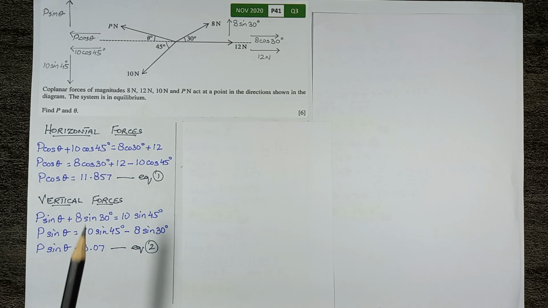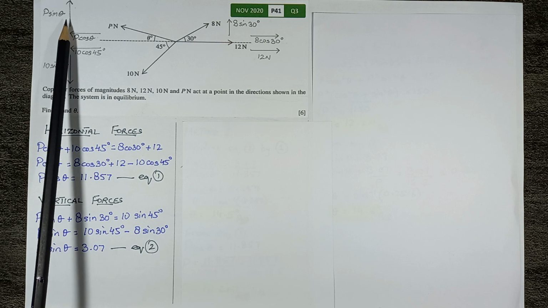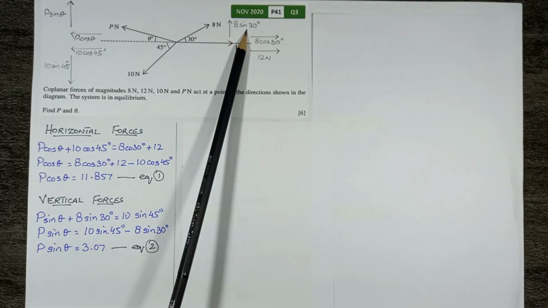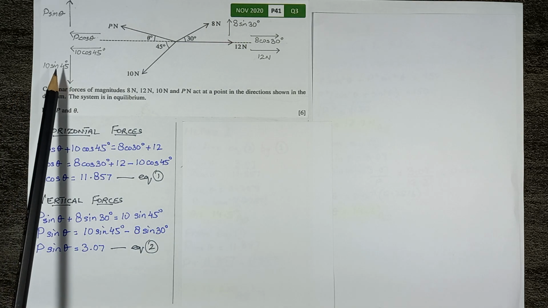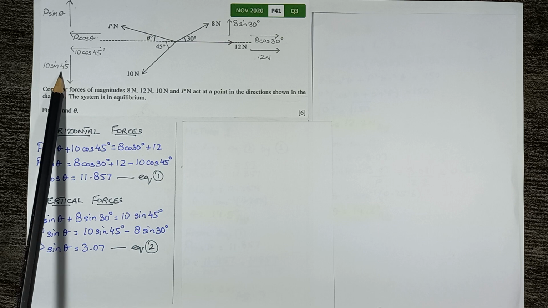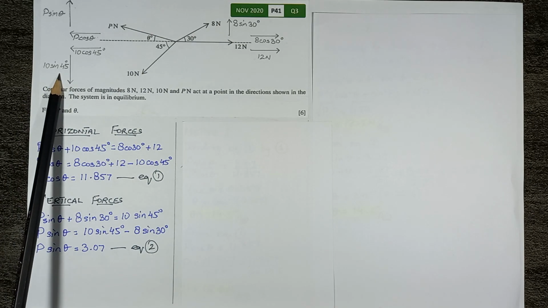We can find another equation from the vertical forces. We can see we have two vertical components, P sin theta and 8 sin 30 degree pointing upward, and just one force pointing downward, 10 sin 45. That means the sum of these two would be equal to 10 sin 45.